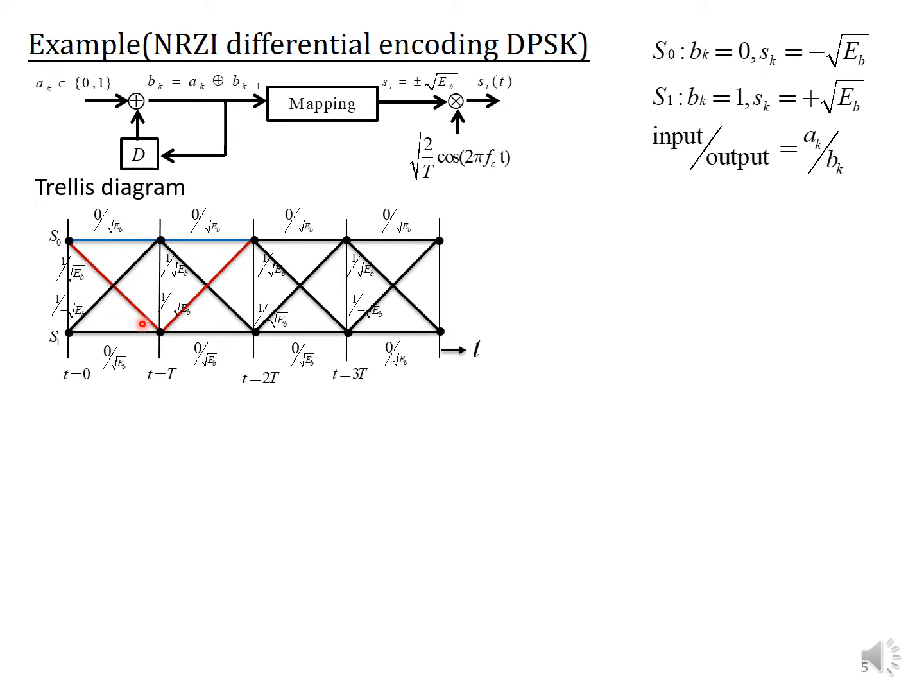In this trellis diagram, for example, we show 4 symbols of transmission and all the possible paths.